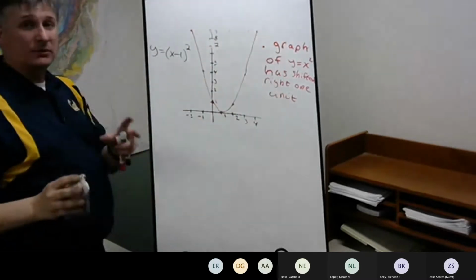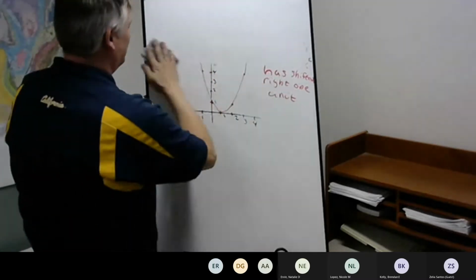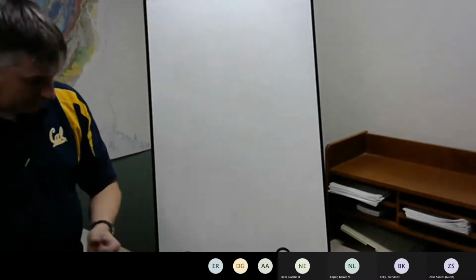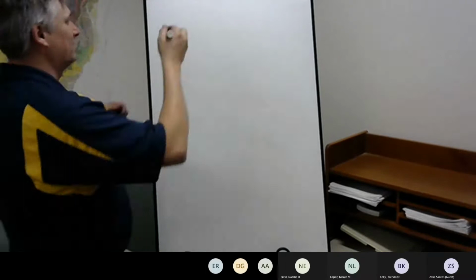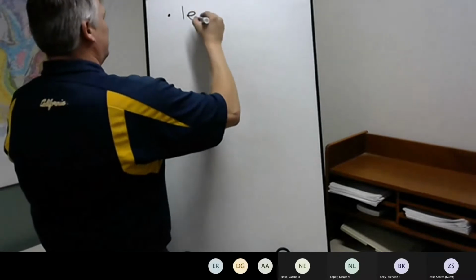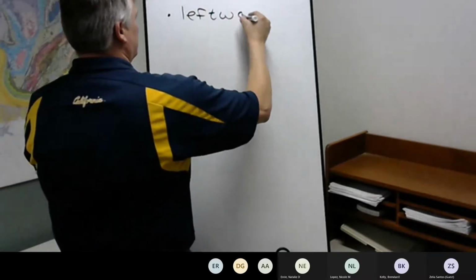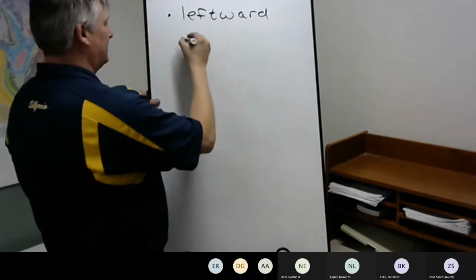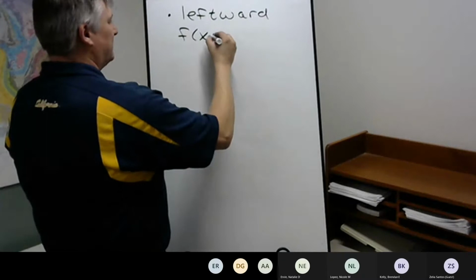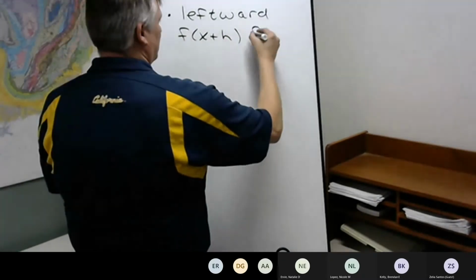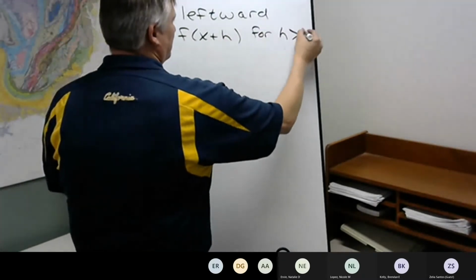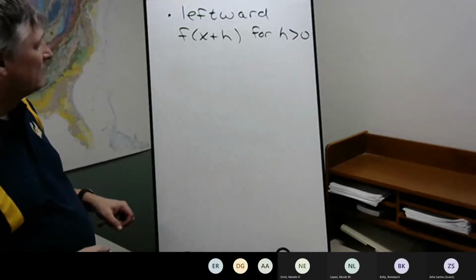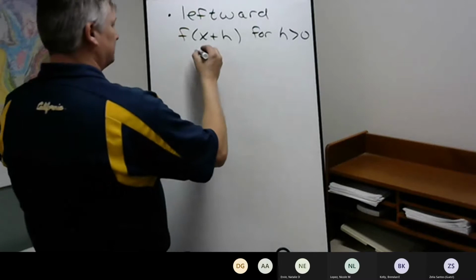And if I'm erasing too soon, let me know. Now for this one, again, it's f of x plus h. And now h is positive. It'll be greater than 0. So again, we're going to use this one.